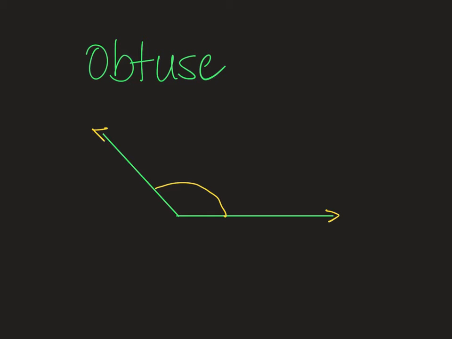So an obtuse angle is anywhere between 90, actually it's 91 to 180 degrees. Let's just put more than 90 degrees. I think your textbook says 90 to 180, but technically I don't agree with that because an exact 90 degree angle is a right angle.